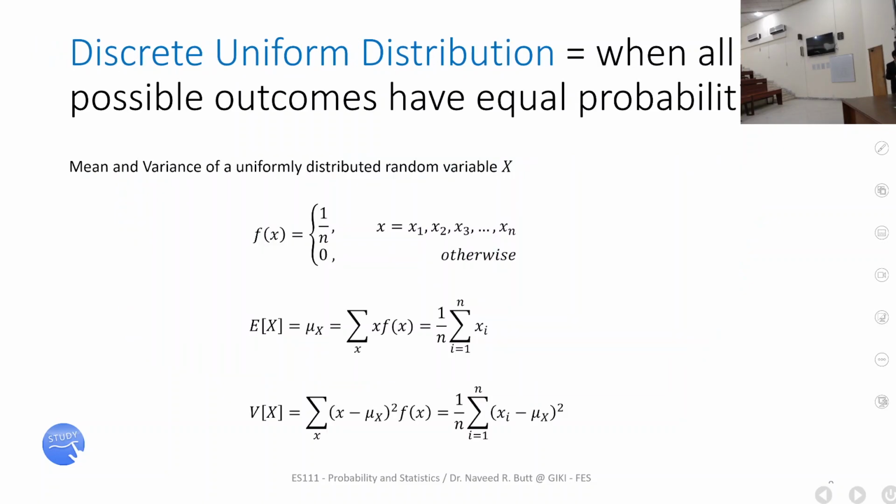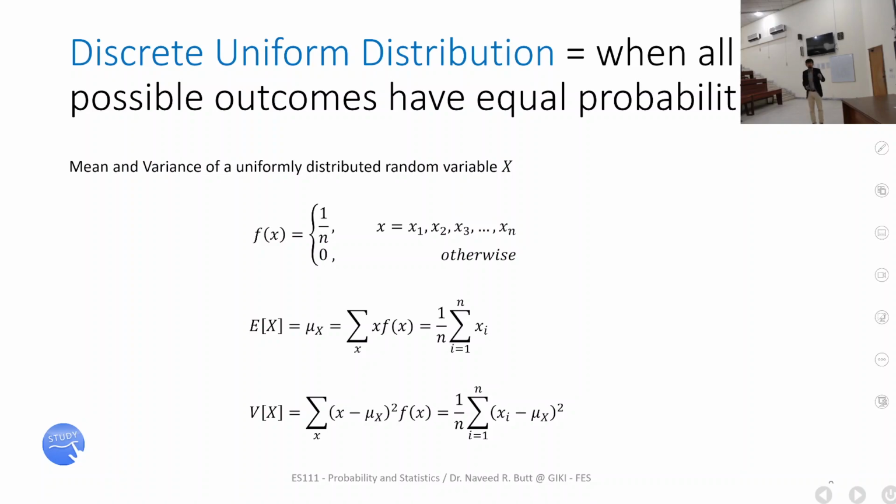In this example, there's no requirement that this is 1, 2, 3, 4, 5, 6. This could be 1, 3000 million. All it's saying is there are n possible outcomes, all are equally likely. That is the only thing it's saying, right? It's not saying that they have to be in order.